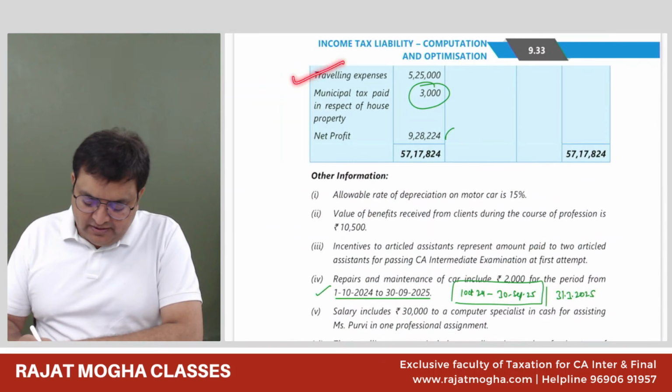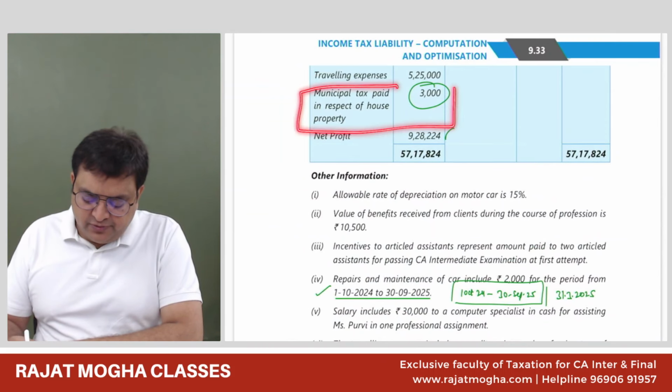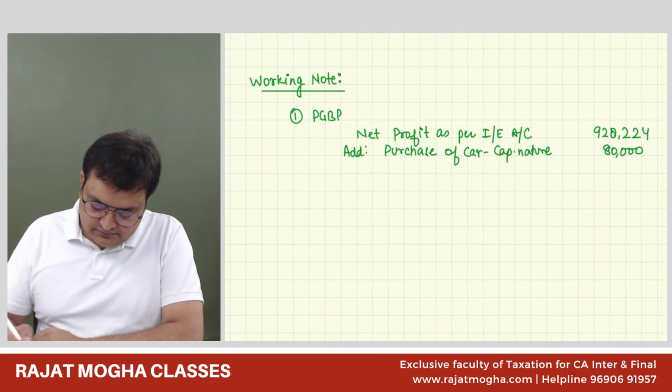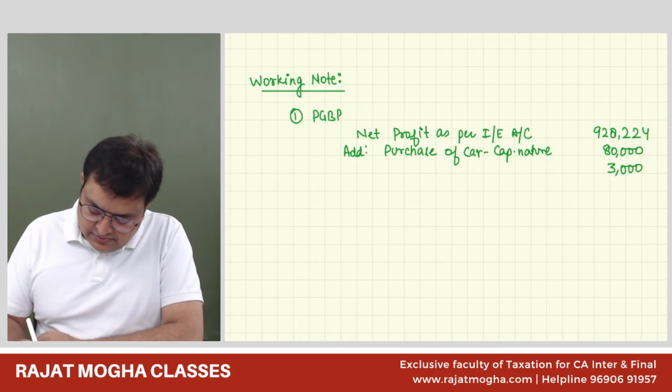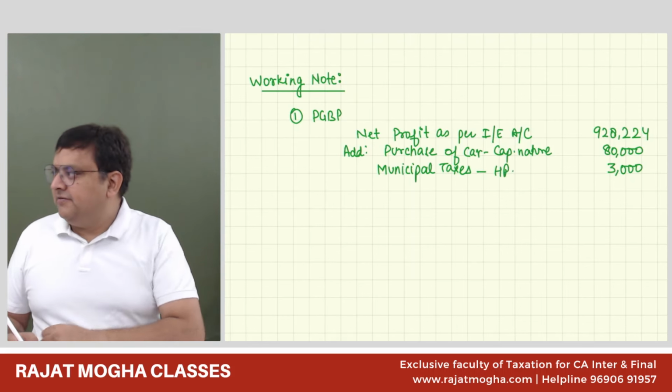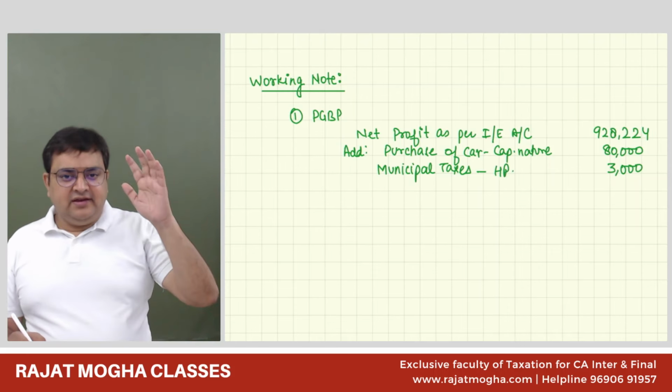Traveling expenses, okay. Municipal taxes. Municipal taxes is not okay because it is of house property. 3,000. Municipal taxes, this will go in house property. So I'm not okay with that. So we are done with the second step, expenses.